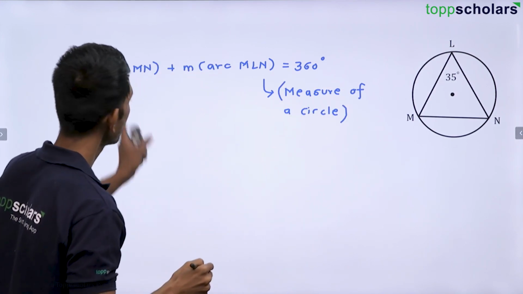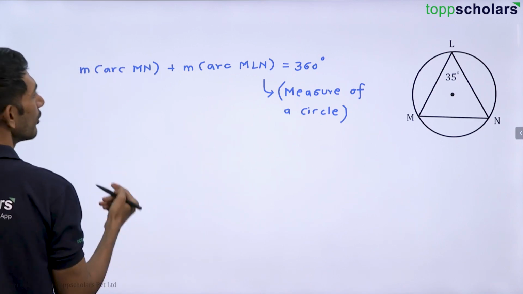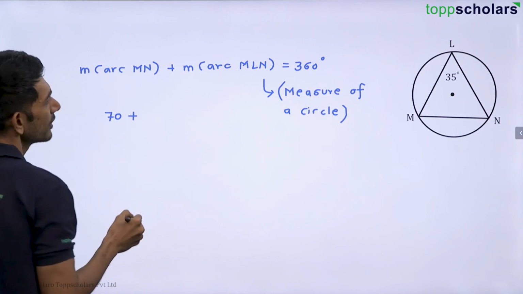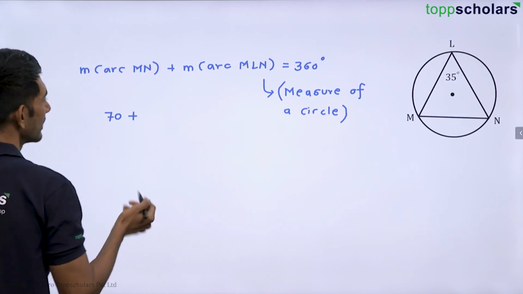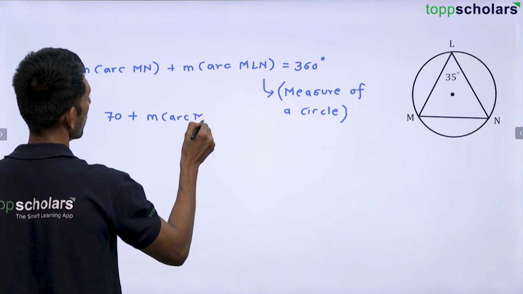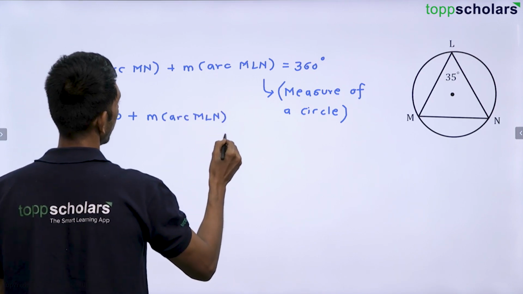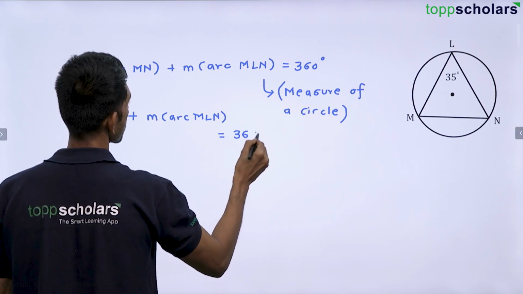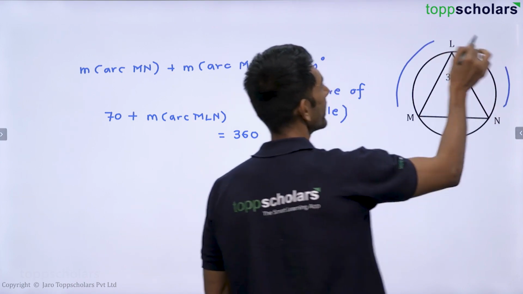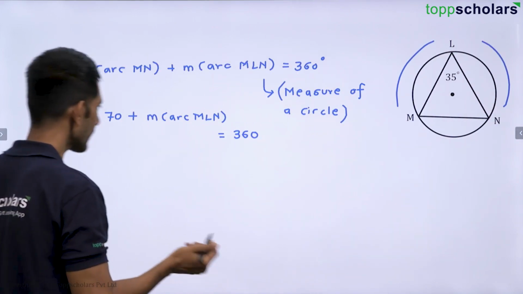Correct? So measure of arc MN is how much? Measure of arc MN is 70 degrees plus measure of arc MLN, we don't know. And that is equal to 360. So can I say this is now 360 minus 70? That's it, you got the answer.